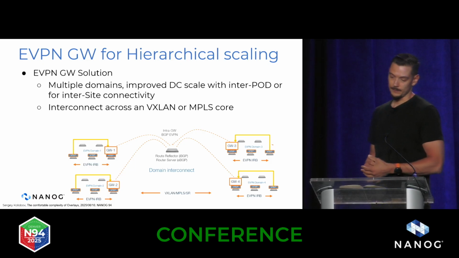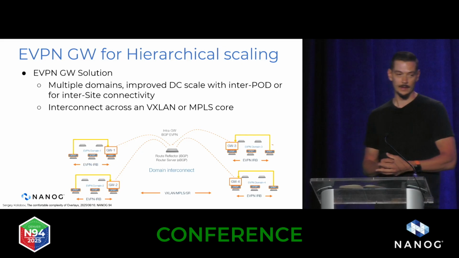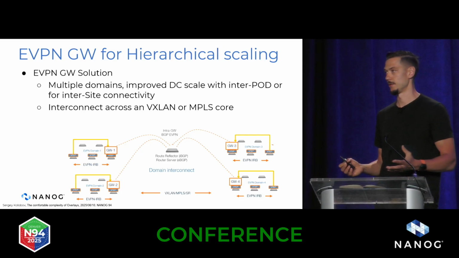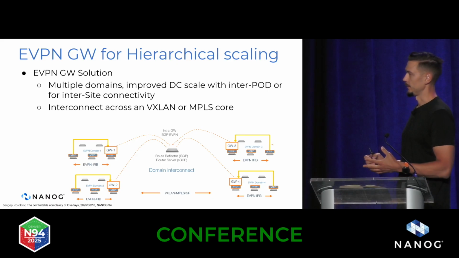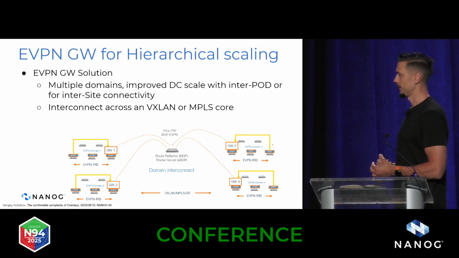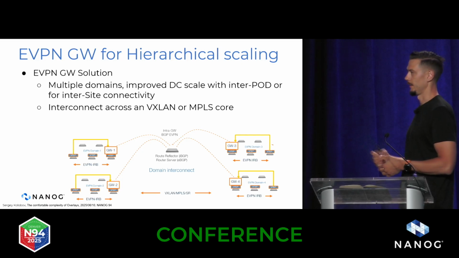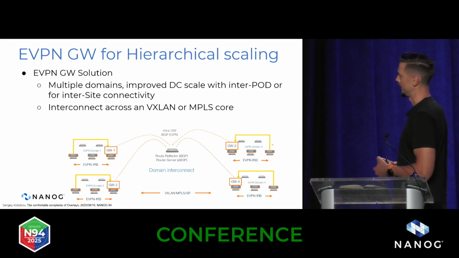By introducing EVPN gateway functionality, we can divide our domain into multiple EVPN domains and introduce logical roles such as just general VTEPs and VTEPs which can be gateways for a given EVPN domain. And we do not need to know behind which particular VTEP in the remote domain a specific MAC or MAC-IP binding is located.